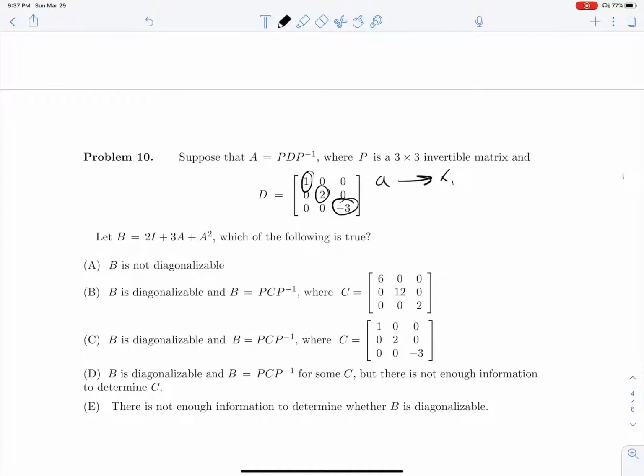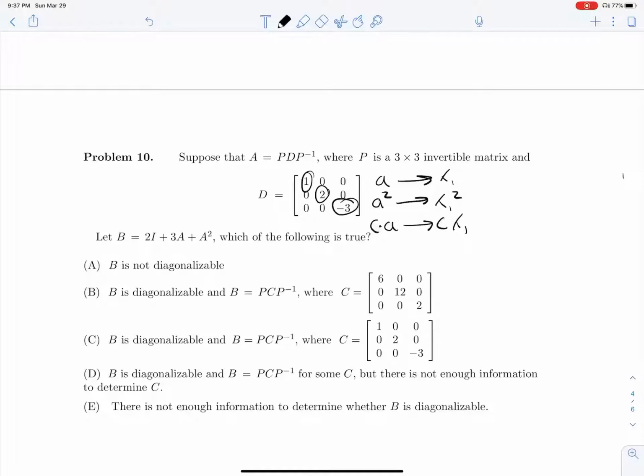If A has an eigenvalue lambda 1, A squared is going to have the eigenvalue lambda 1 squared. And, to be more general, some scalar c multiplied by A will have the eigenvalue c lambda 1.